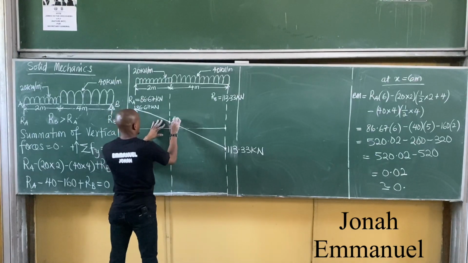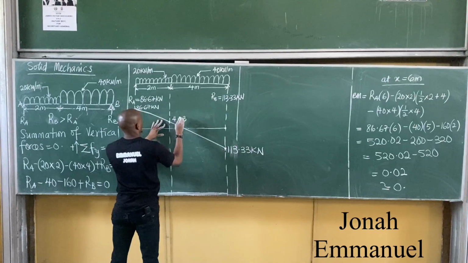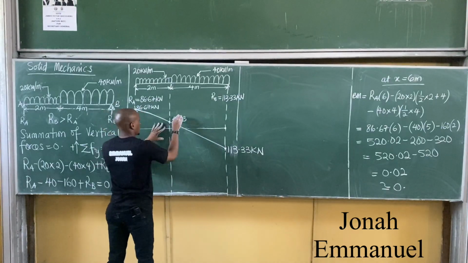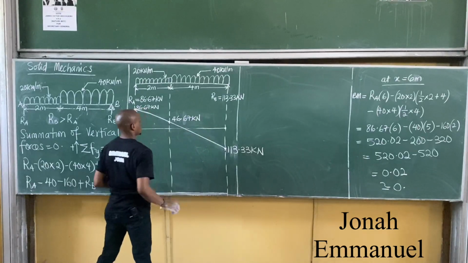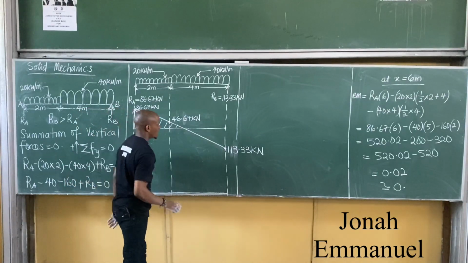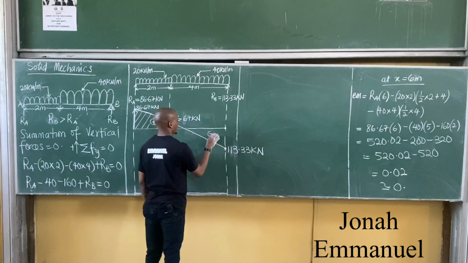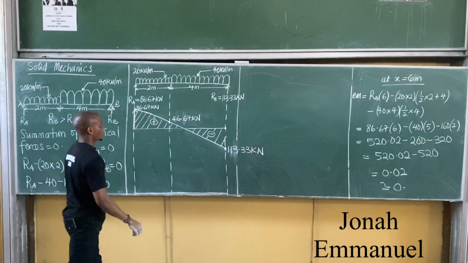Here was 46.67 kilonewton. So above this should be positive, below this should be negative. Let's now get bend moment.